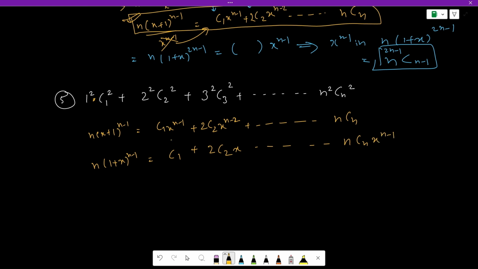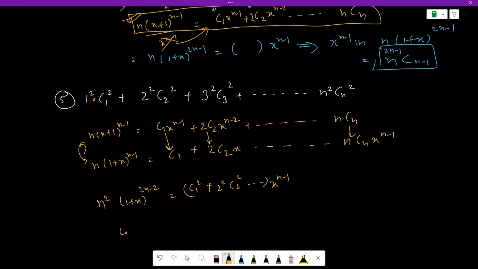Now again just multiply them, this into this and this into this. What we will get is n square into (1 plus x) raised to the power 2n minus 2 equal to c1 square, 2 square c2 square, and so on, into x raised to the power n minus 1.